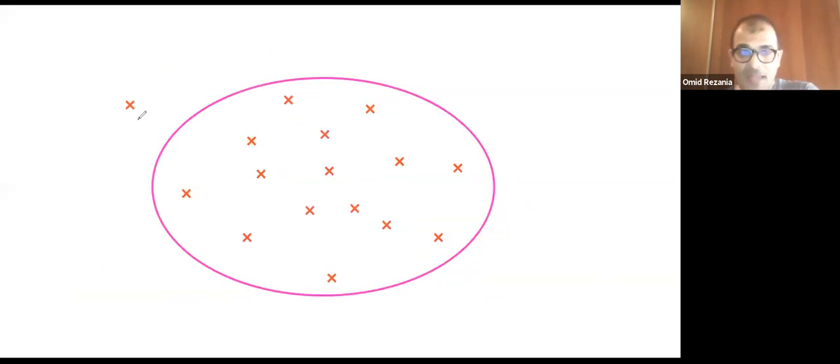Now woman number 16 is standing outside this room and wants to get inside. Can I predict and guess her height based on the 15 women inside this room?